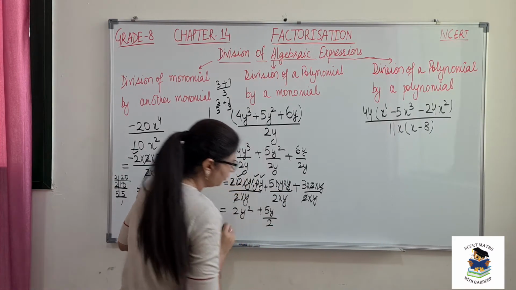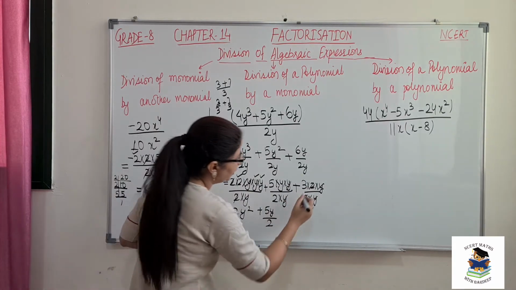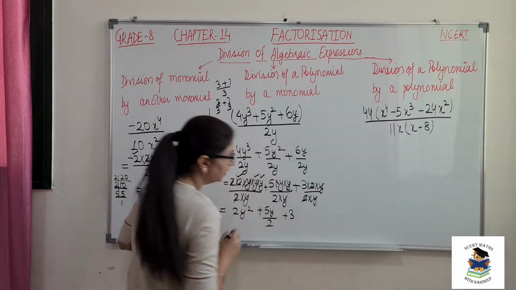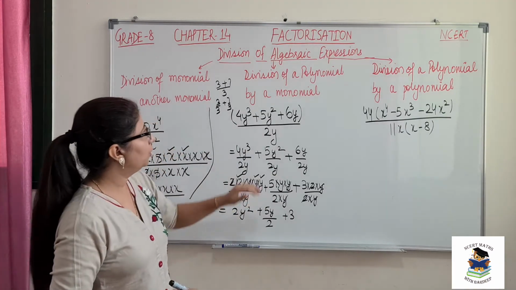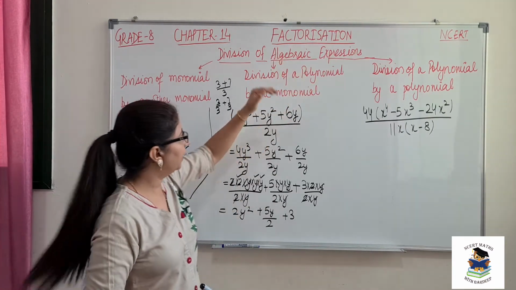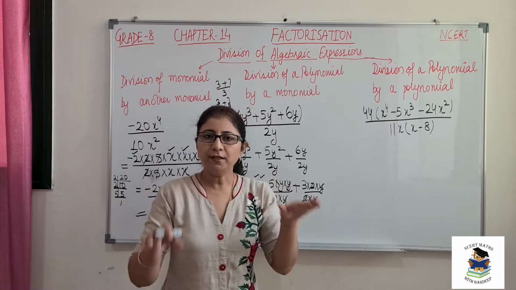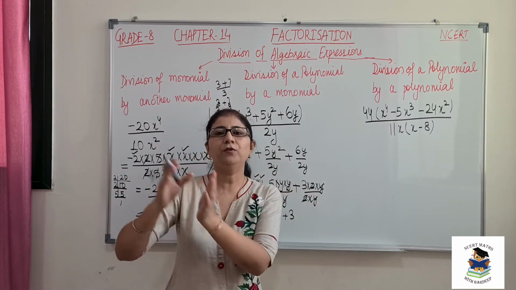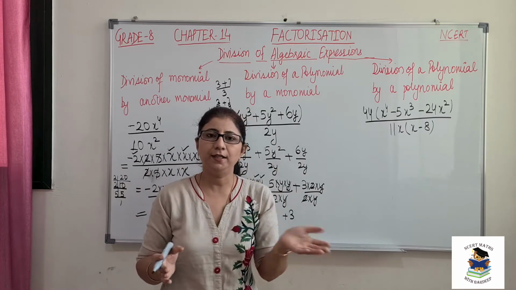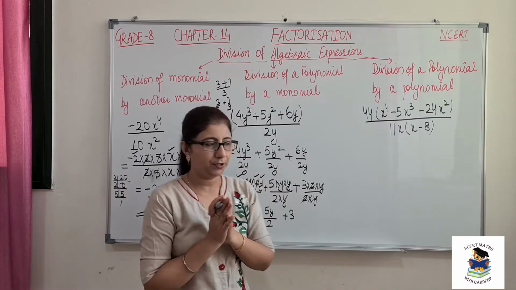In denominator also 2 is there. Right. So in this term it will be only 3. So this is how we will divide a polynomial by a monomial. So the main step is just write the denominator separately for each term in the numerator, and then you can cancel the common factors. Okay.